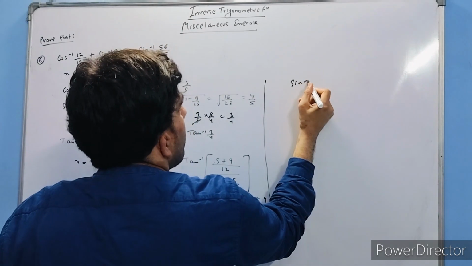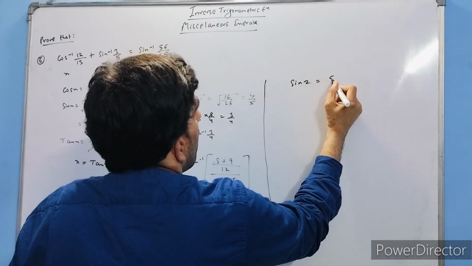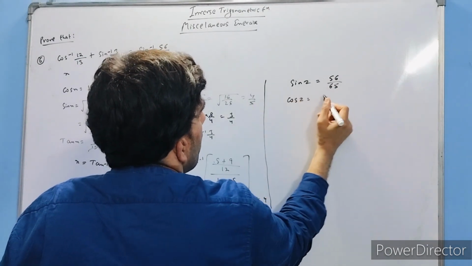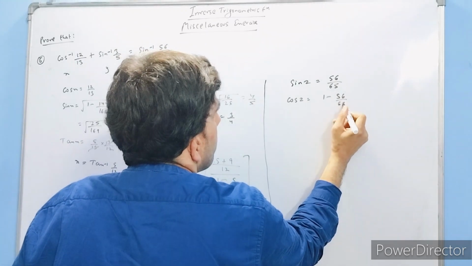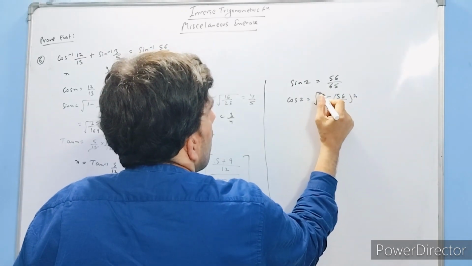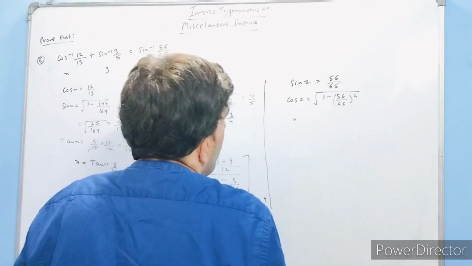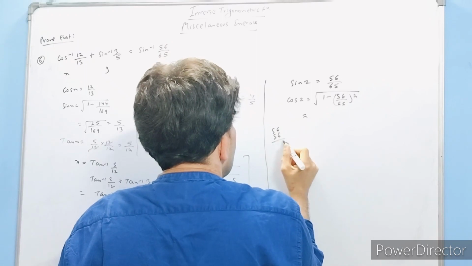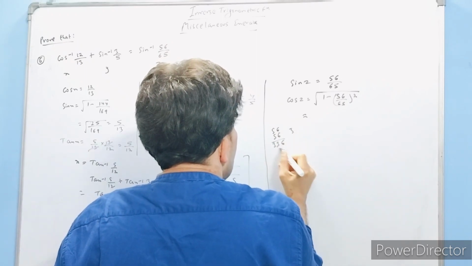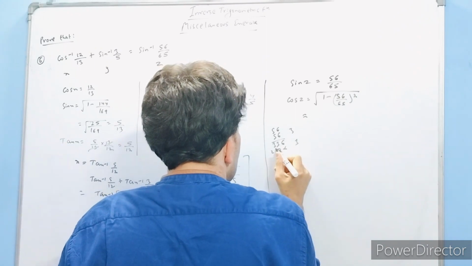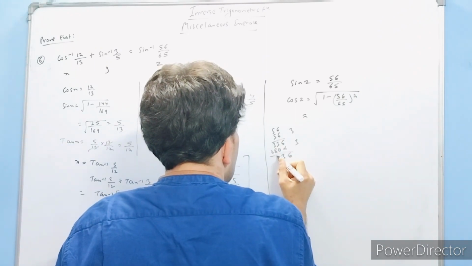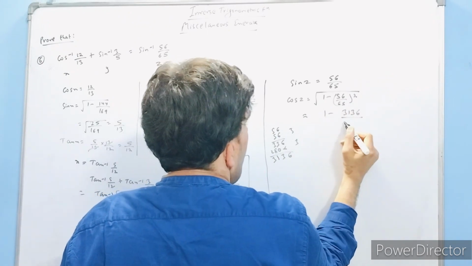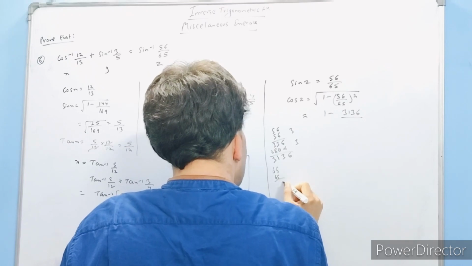So sin z will be 56 upon 65. Now cos z will be the square root of 1 minus 56 upon 65 whole square. So now we have the value here, that is 56 into 56. We have 1 minus 3136 upon 65 into 65.